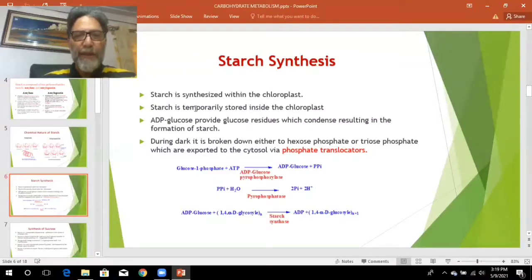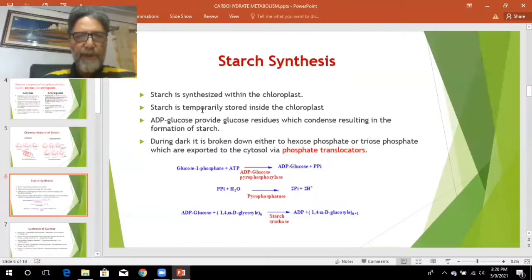Before we go to the regulation of starch synthesis, I'll give an idea. In the Calvin cycle, during the dark phase, there are three phases: carbon dioxide fixation, or carboxylation, then reduction, and then regeneration.